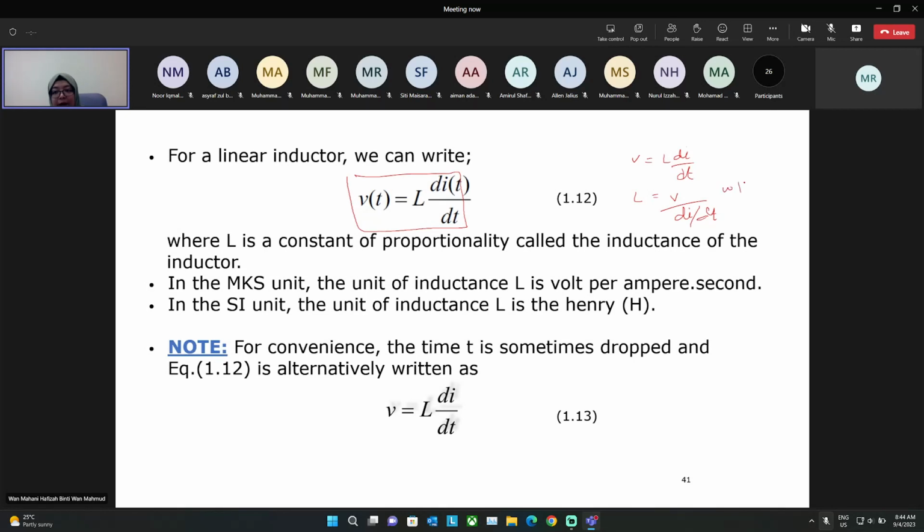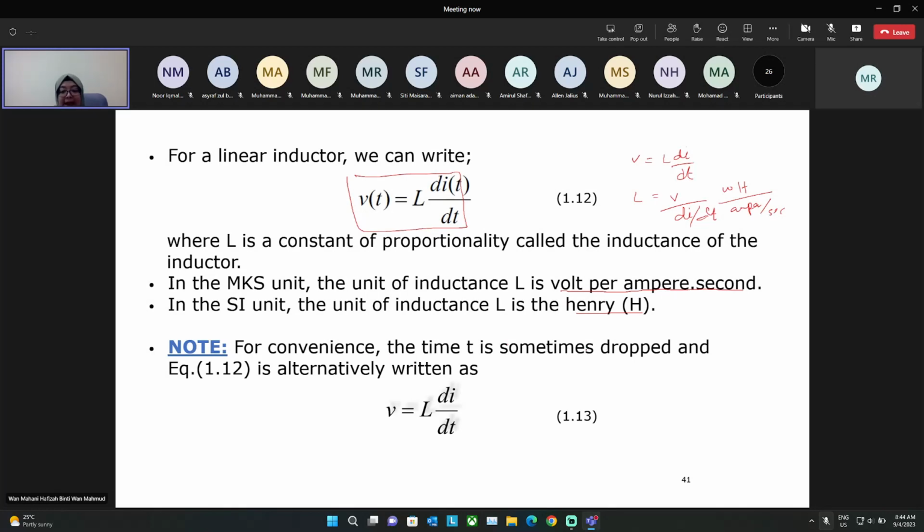V is volt, dI/dt is ampere per second, which is why you get volt per ampere-second. The SI unit we use is the Henry.